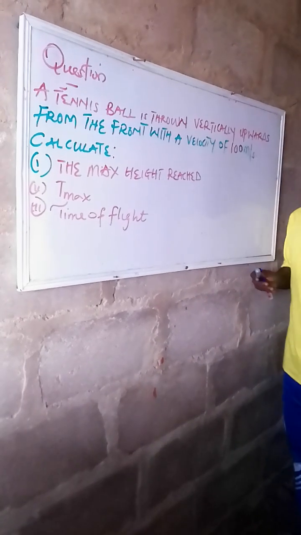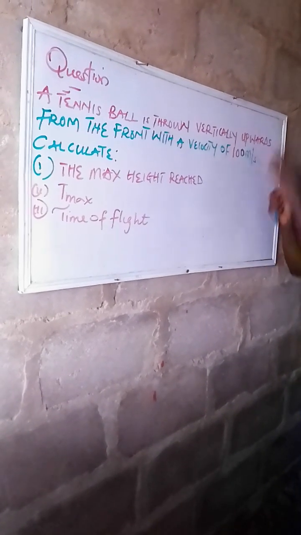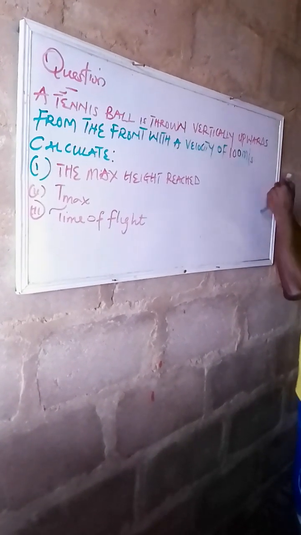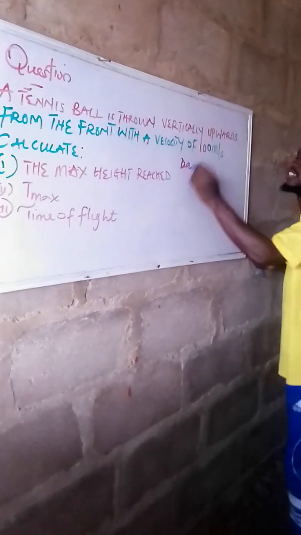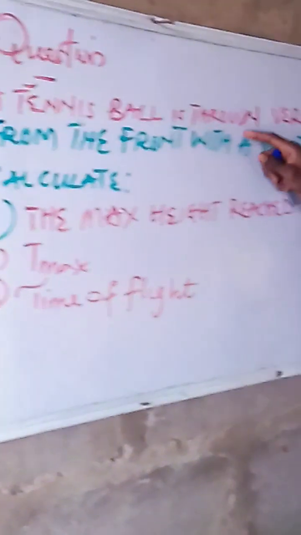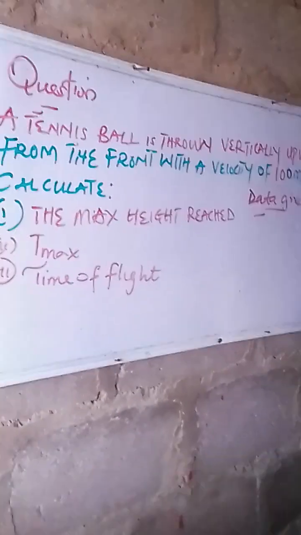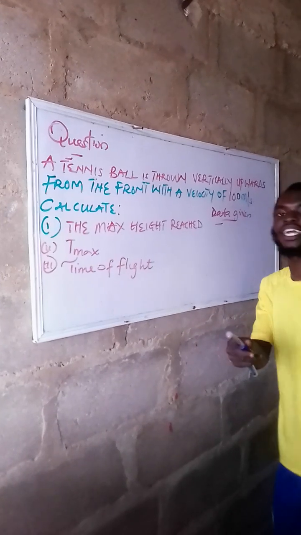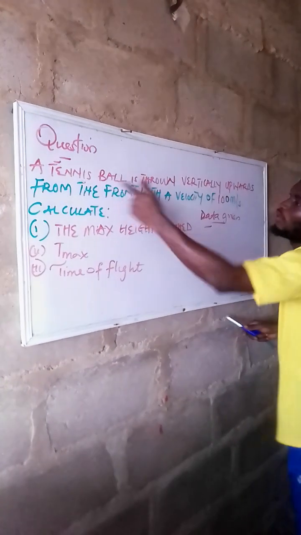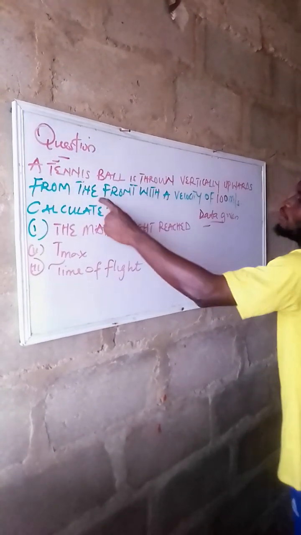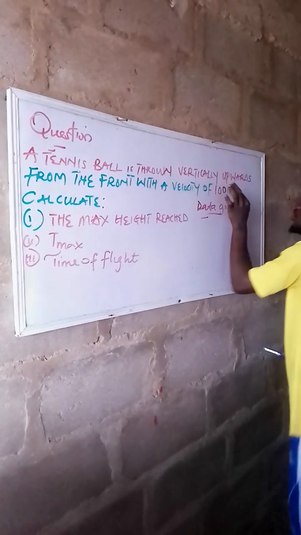Another thing is, in physics, the first step is you write your data, the parameters given. What are the parameters given here? Let's try to read this. A tennis ball is thrown vertically upward. That means it's undergoing projectile motion, with a velocity of this.